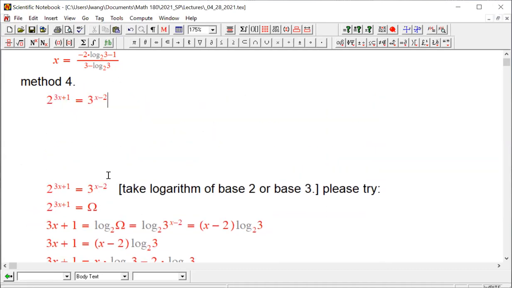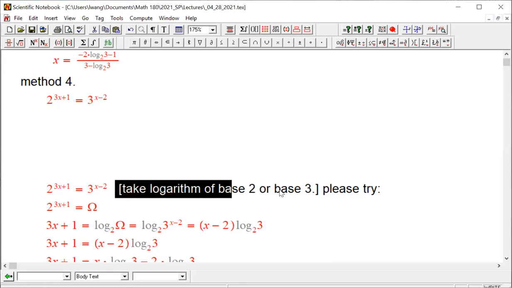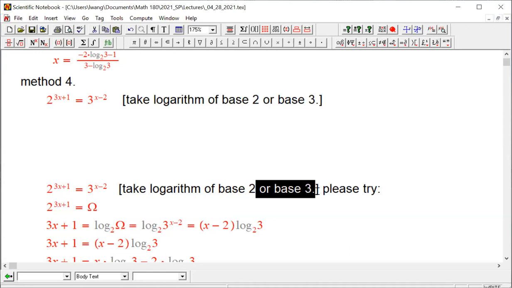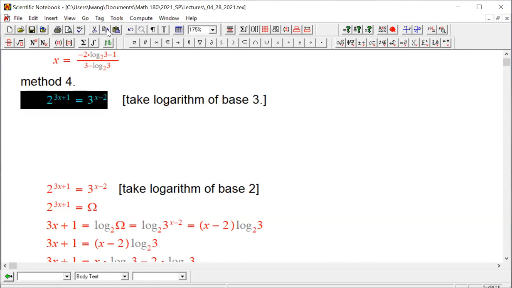Okay, so suppose I'm using base 3. Here we're using base 3. There is base 2. We use base 2, and here we're using base 3. When we use base 3, what's going on? This guy is omega.